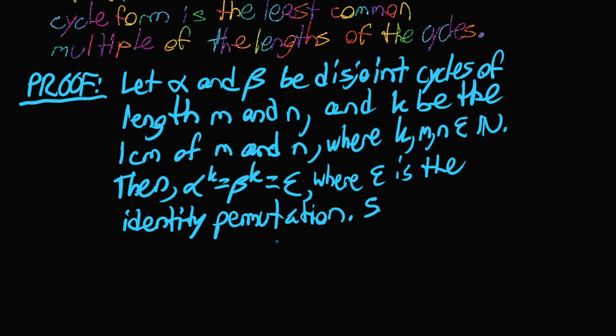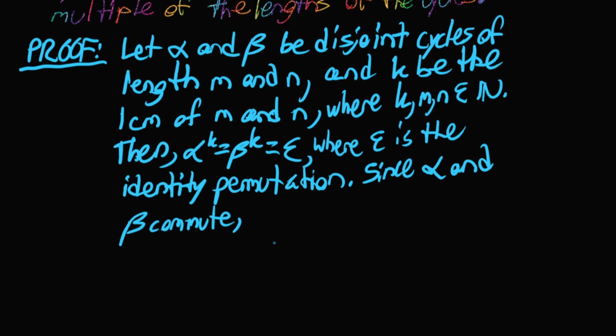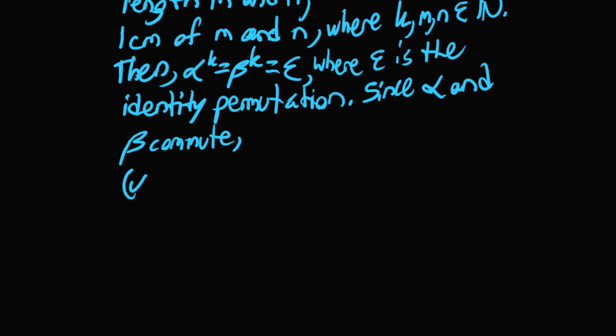So since alpha and beta commute, we can write (alpha beta) raised to the k equals alpha to the k beta to the k equals epsilon.